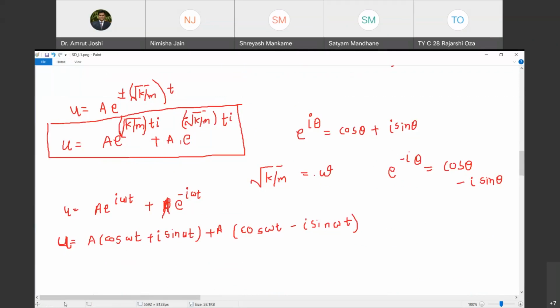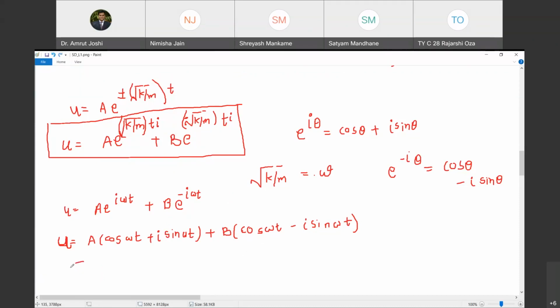Now if I take a common, what remains within the bracket? Cos omega t plus cos omega t. Oh no, sorry, that earlier was right. I'm very sorry. Let it be b.